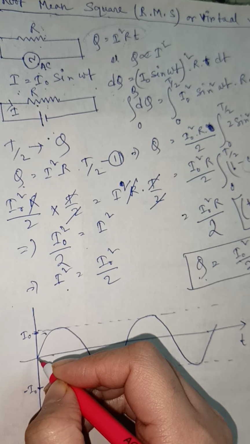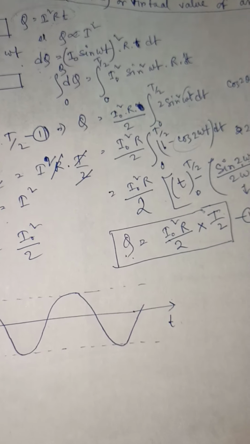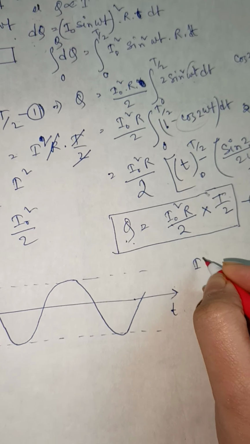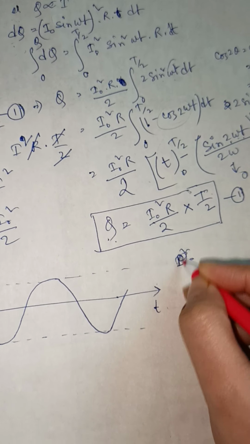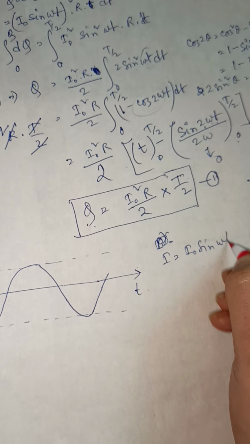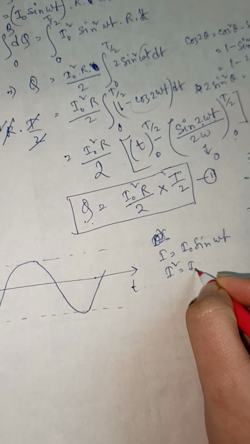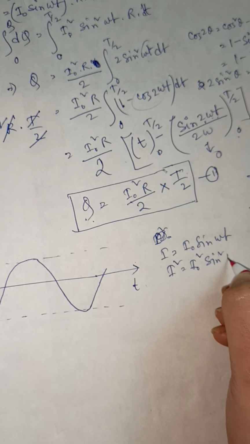That means if we show the I square graph, I equals I naught sine omega t, then I square equals I naught square sine square omega t.